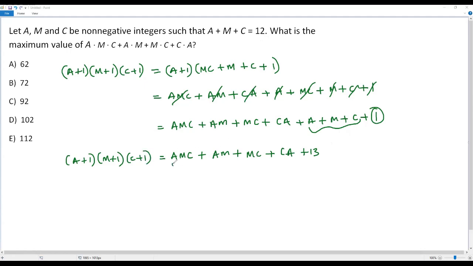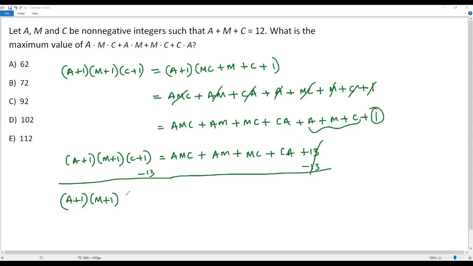Our aim is to get the maximum value of this expression, so we have to get rid of this +13. Let me subtract 13 from both sides of this equation. The +13 and -13 cancel out. I am getting A + 1 times M + 1 times C + 1, minus 13, equals AMC plus AM plus MC plus CA.